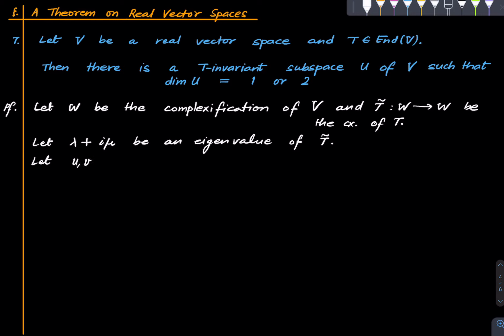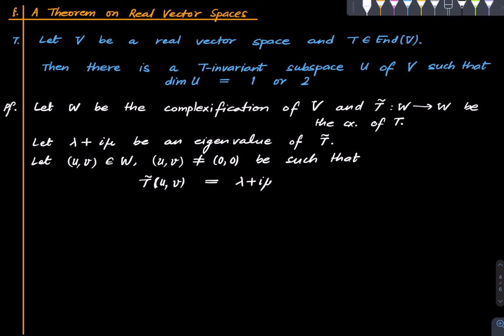So we can find, so let (u, v) be a non-zero vector in W, and the 0 of W is just (0, 0), where this 0 is the 0 of V and this is the 0 of W. So one can easily check that this indeed is the additive identity of W, such that T tilde applied on this vector is equal to lambda plus i mu multiplied with the same vector.